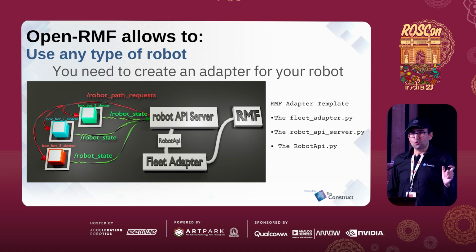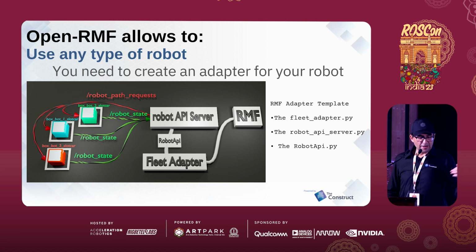And OpenRMF already provides a template. So in this image, you can see there are 3 robots, the green, the blue, and the red. And they are all connected through an adapter which contains 3 parts. First one is the robot API server. This is the one that captures from the robot the state in terms of battery and location, and also sends requests to the robot. It says, move to this location.